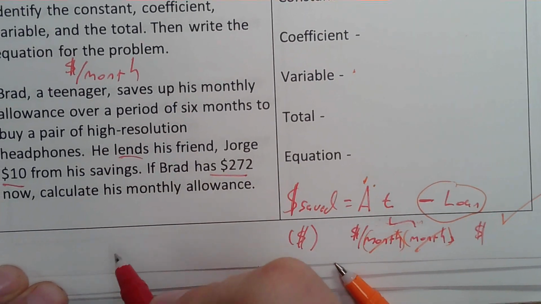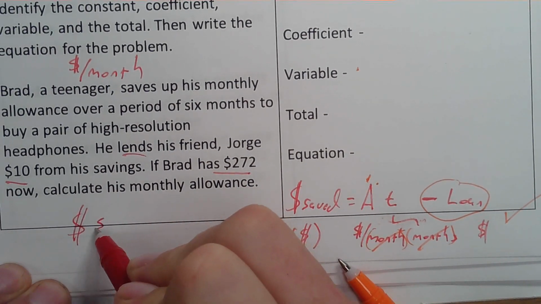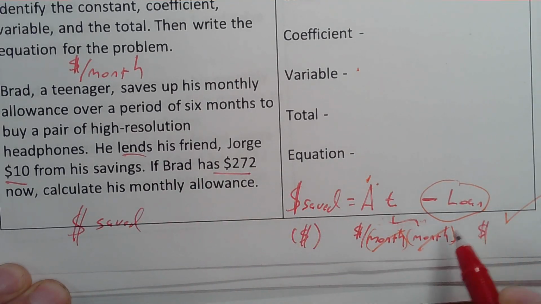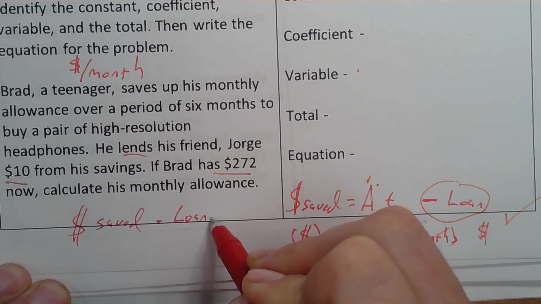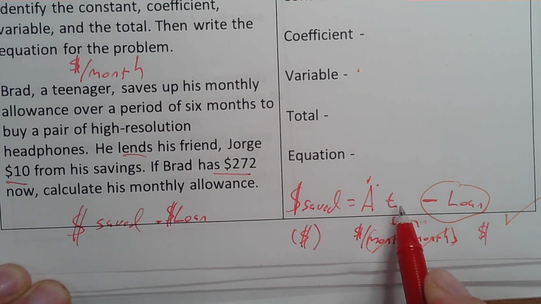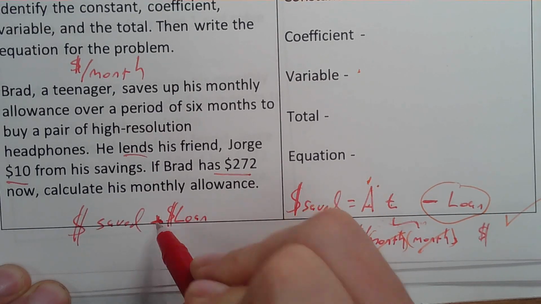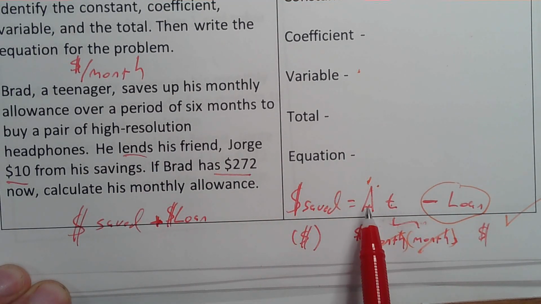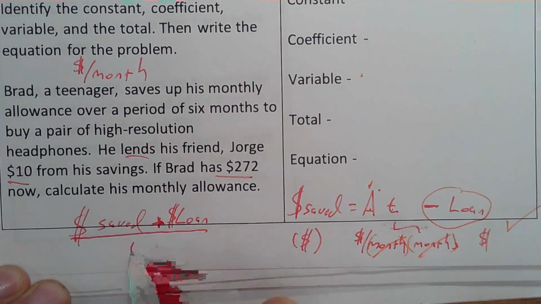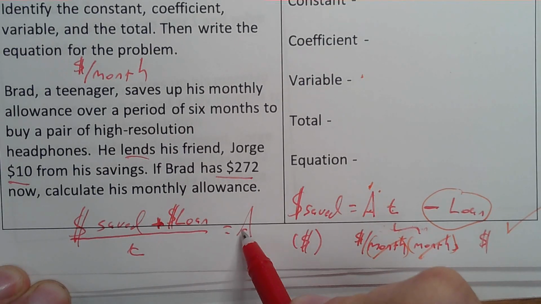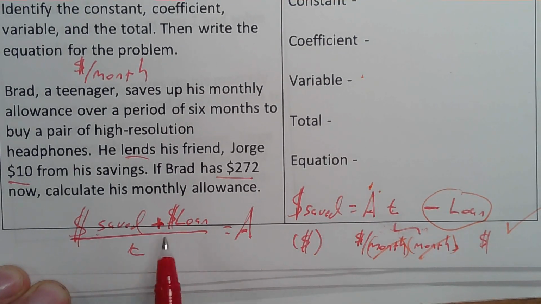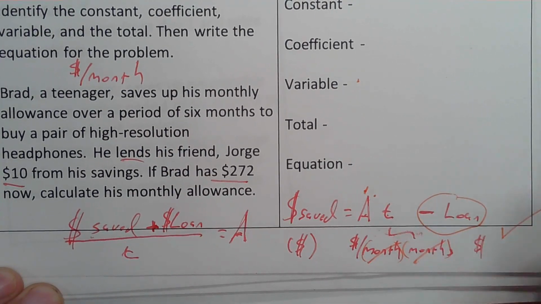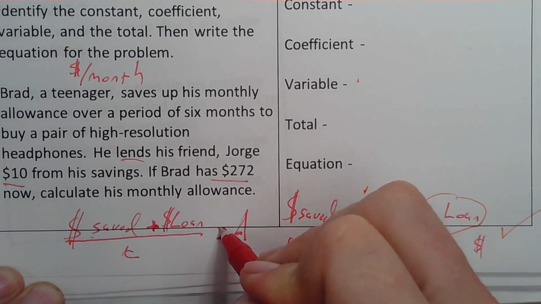So it's going to be your dollars saved minus the loan amount, and then that's going to leave us with a times t. Then we're going to have to take the t and divide it by t. It's going to be equal to our allowance. So dollar plus dollar is dollar, divided by t is dollar per month. So there is our dollar per month thing.